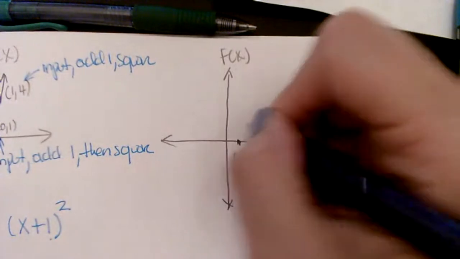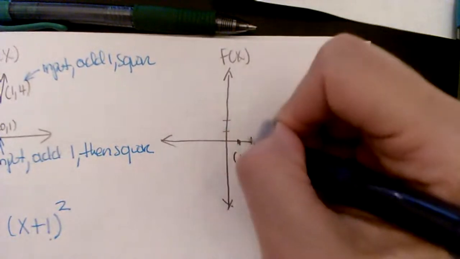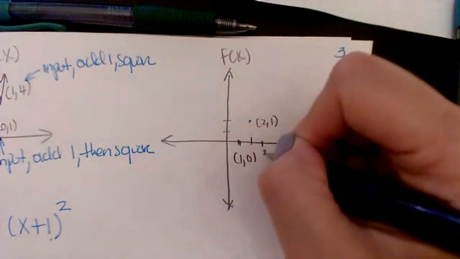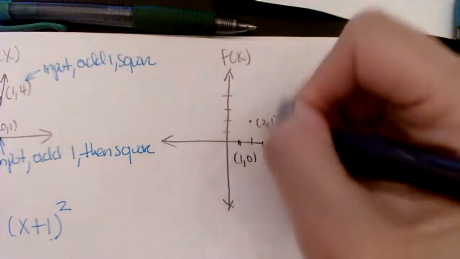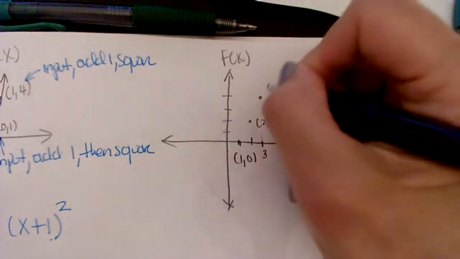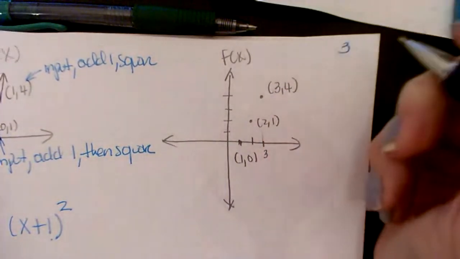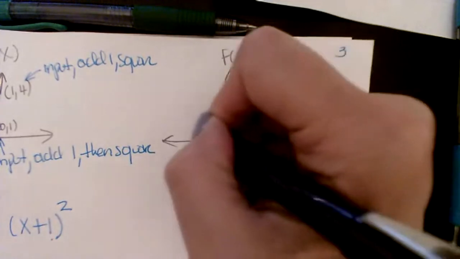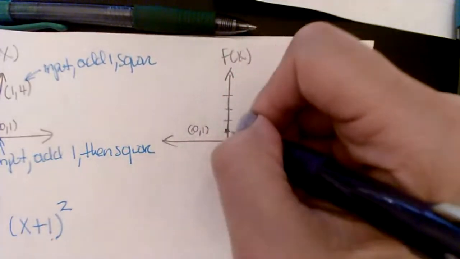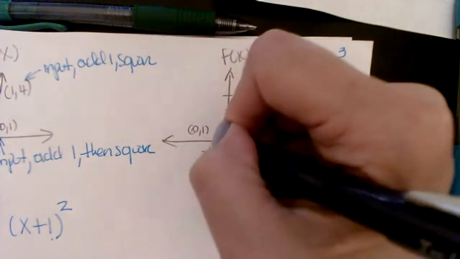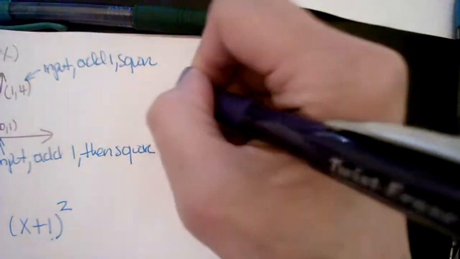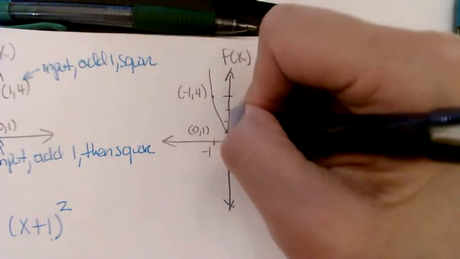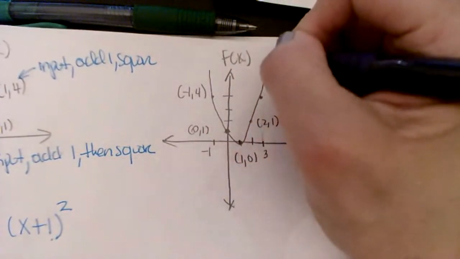And it's going to do 2, 1, and 3, 4. And on this side, we're going to have 0, 1, and we're going to have negative 1, 4. And I'll tell you the function. So it's going to go this way.